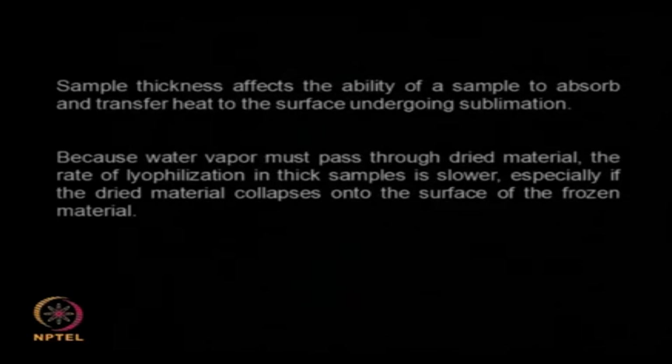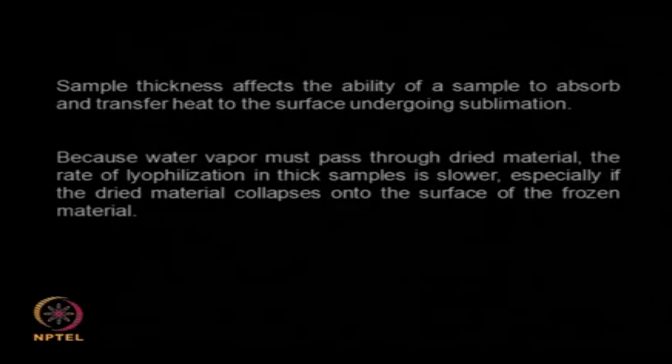Sample thickness affects the ability of a sample to absorb and transfer heat to the surface undergoing sublimation. So ideally I would like to spread it out on a large pan, so that lyophilization is fast and the frozen thickness is also less.